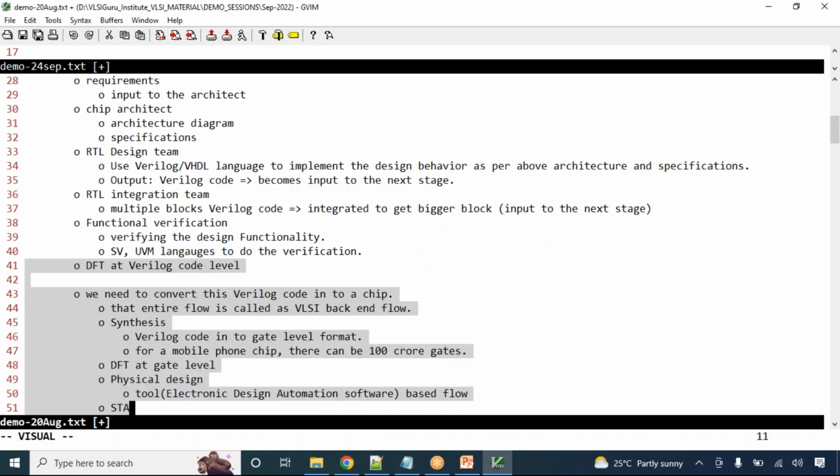What is the difference? In software, we use the software as it is. Whatever software you develop, you compile it, you install it as an application into a final product. Let's say you go to a restaurant, there is a billing software developed in some language like C or C++.